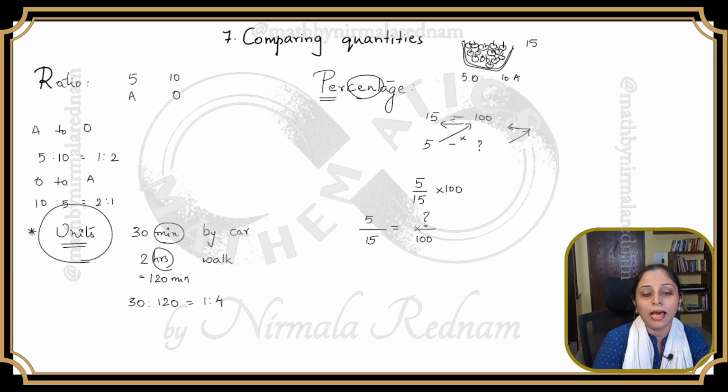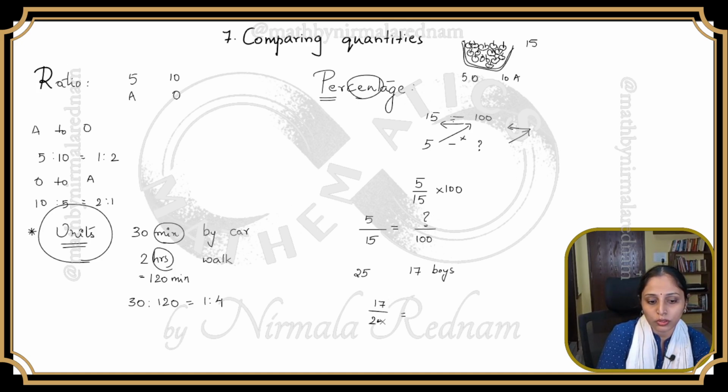For example, I'll give you an example here. Let's say there is a class containing 25 students, right? And let's say 17 students are boys, rest are girls, right? Now here, you can give the information as 17 out of 25 students are boys. But when you put it in percentages, let us look at the ratio.